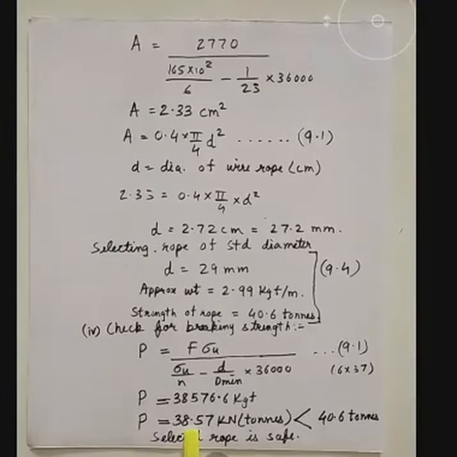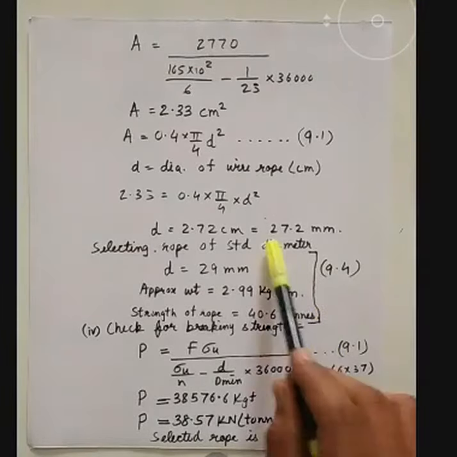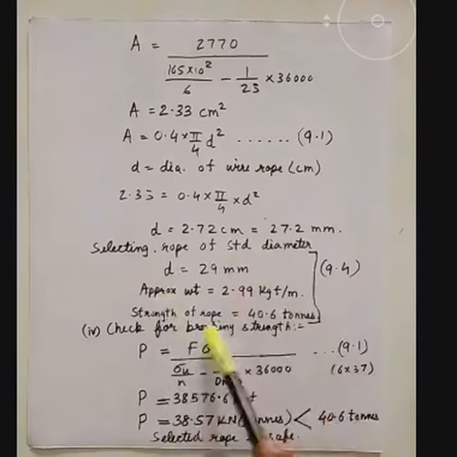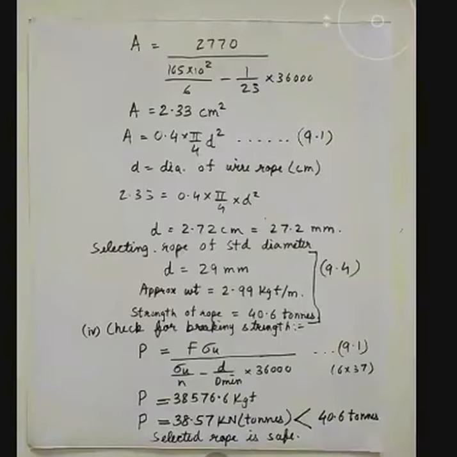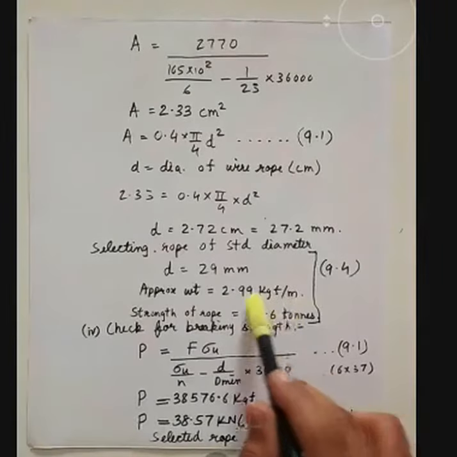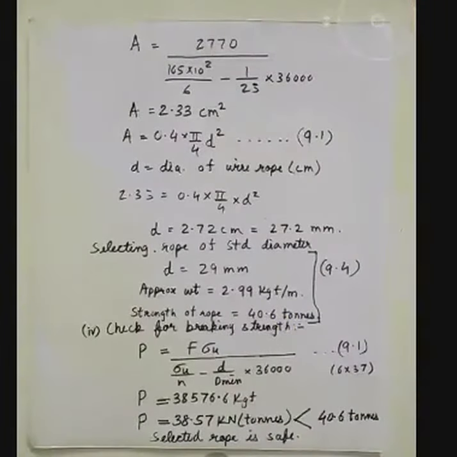If this value of P would have been greater than 40.6, then we have to go back to the previous step and change this selection. Select something which will be more than 40.6, more than the required value. Getting the point?